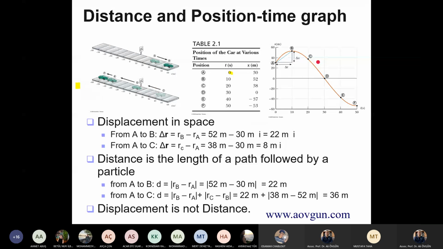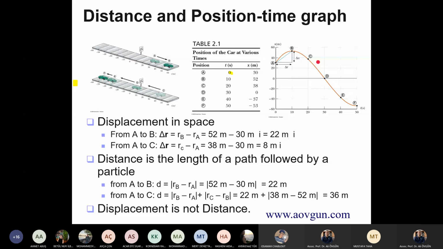You can also see from this table the other cars, for example C, D, E, F, and their initial positions and also times.